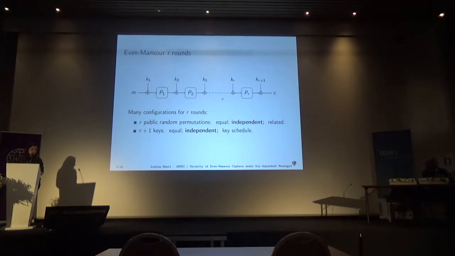But you can have other configurations like same key, different permutations; different keys, same permutation; and the more efficient, same key and same permutation. And sometimes you can have a master key that will be used to derive all these intermediate keys.